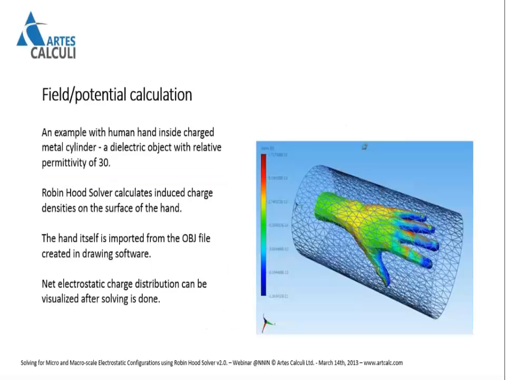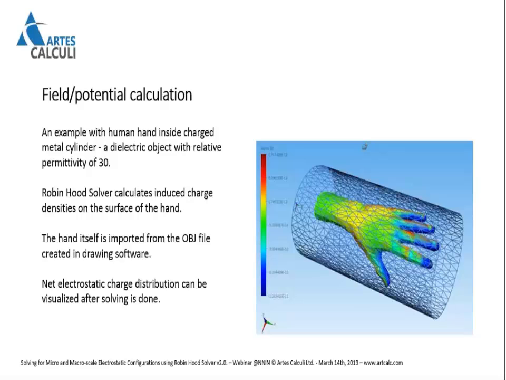This is a basic example that shows how to calculate field and potential. We have created a simple model which contains a human hand inside a charged metal cylinder. This is a dielectric object with relative permittivity of 30.